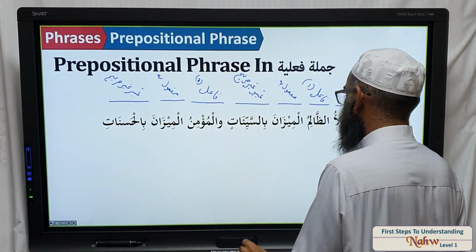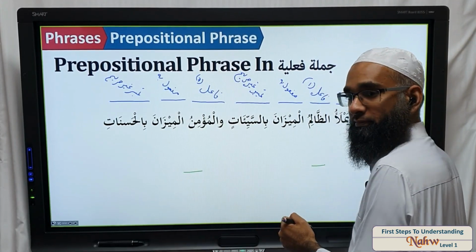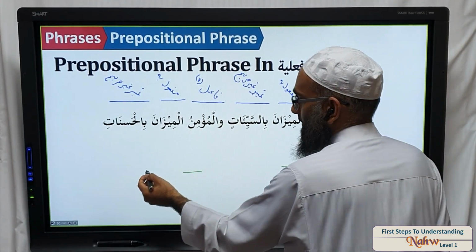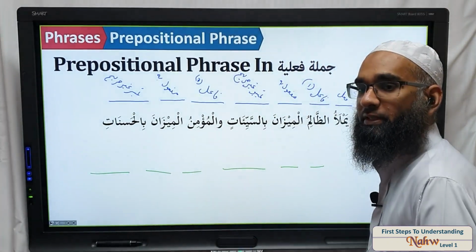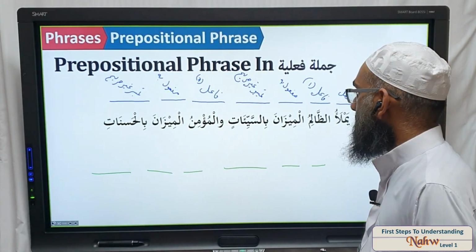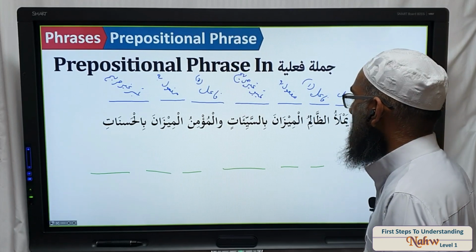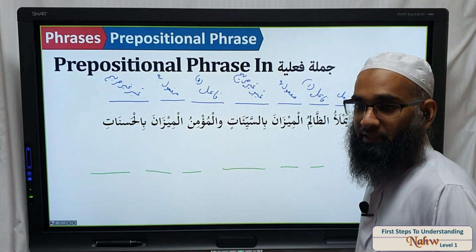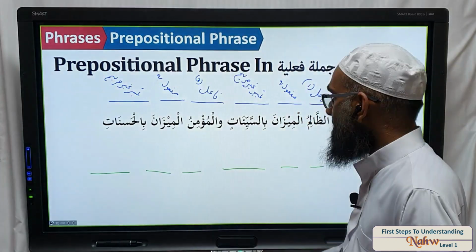So then you have here معطوف عليه, معطوف, معطوف عليه, معطوف. They're separated. Translation will be? The oppressors fill their scales with bad deeds. Correct. The oppressors fill their scales with bad deeds, and the believers fill theirs with good deeds.